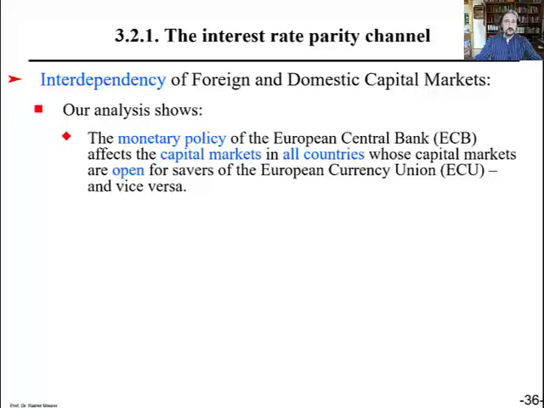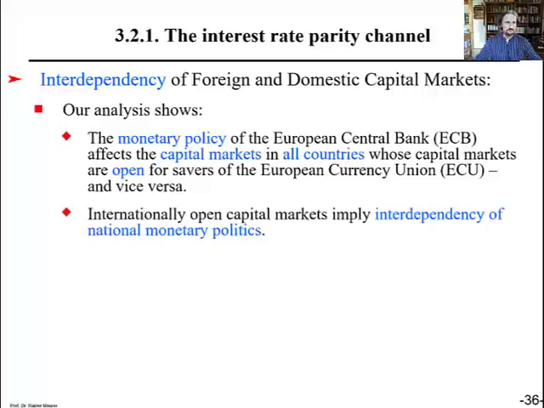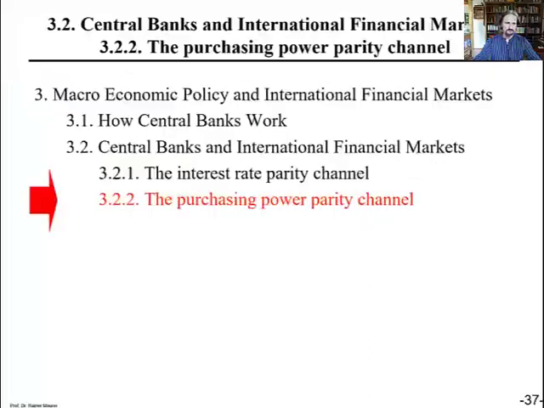And of course, the opposite direction exists also. Foreign central banks can influence the interest rate on the European capital markets. Internationally open capital markets imply interdependency of national monetary politics.